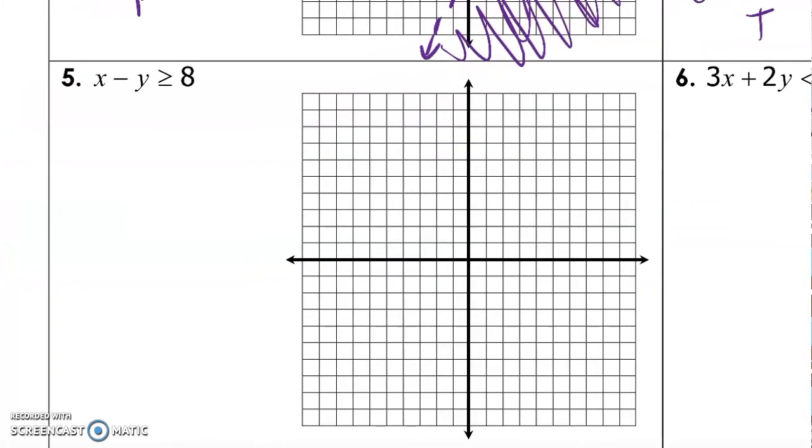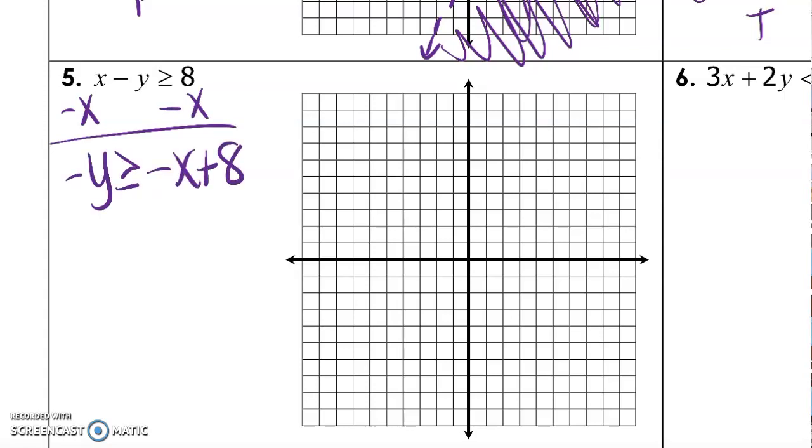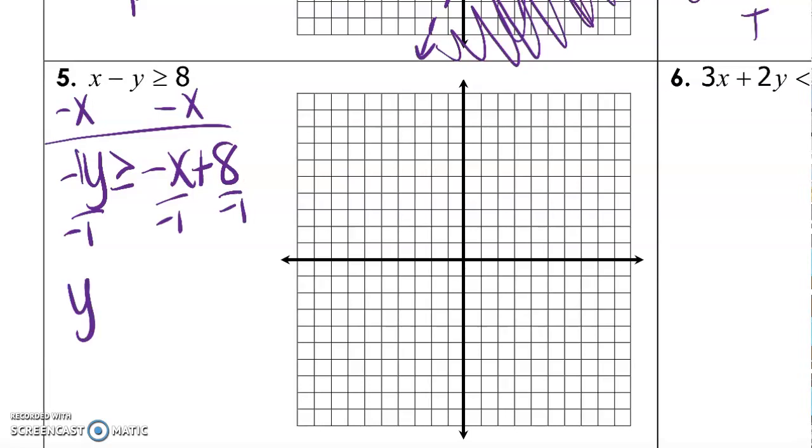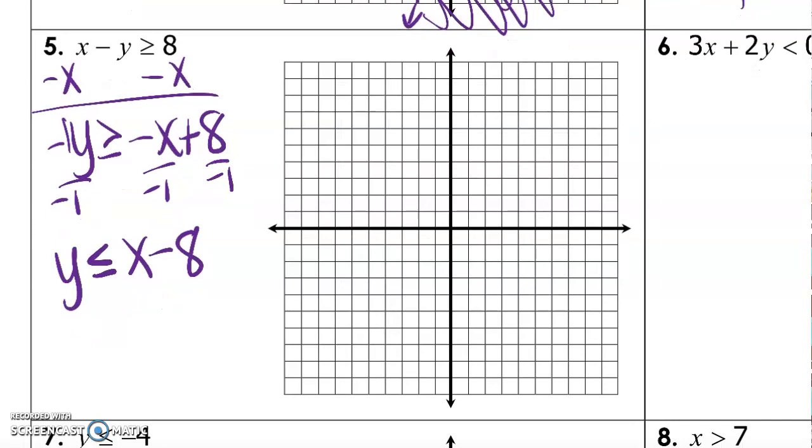Number 5, subtract your x. Negative y is greater than or equal to negative x plus 8. We need to divide everything by negative 1. Remember, there's a 1 in front of there. So y is less than or equal to x minus 8. Don't forget to flip the sign again. So we start down 8, up 1, right 1.